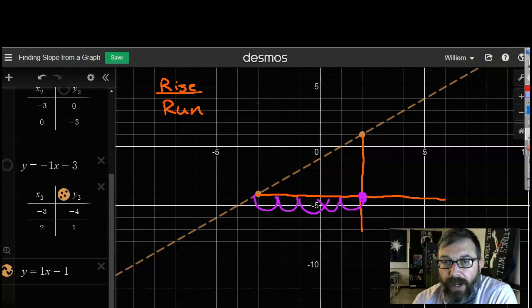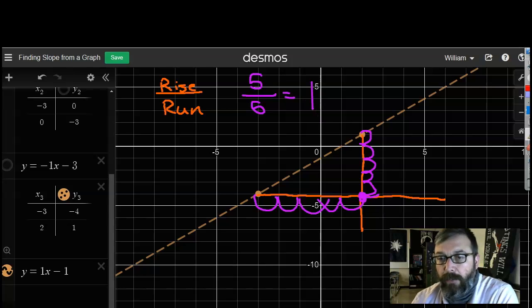So my run is 5. My rise, 1, 2, 3, 4, 5. My rise is going to be 5. Well, 5 divided by 5 is 1. And it is a positive slope because I'm going up those 5 steps.